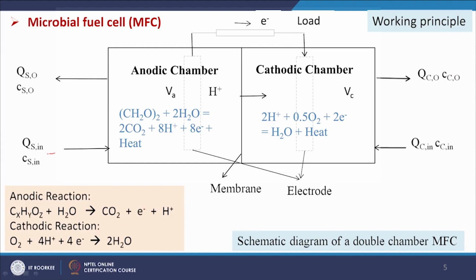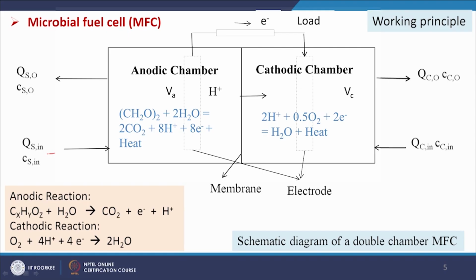The H+ which is generated will be transferred across, and after a certain residence time treated water goes out from the anodic chamber. The electrons generated in the bulk of the solution are transmitted to the surface of the anode, flow through an external circuit and come to the cathodic chamber.